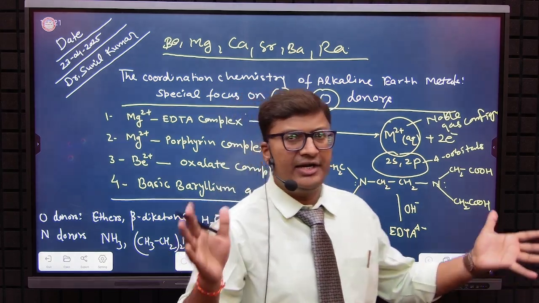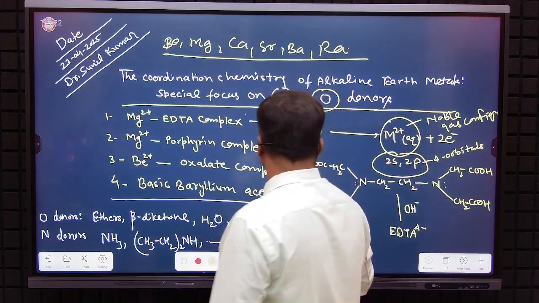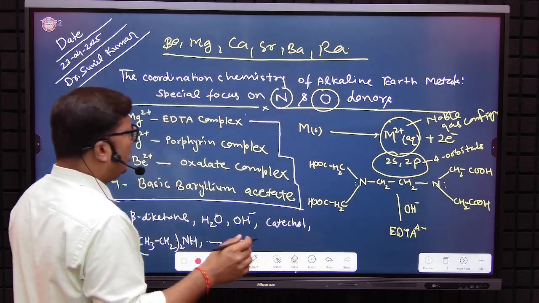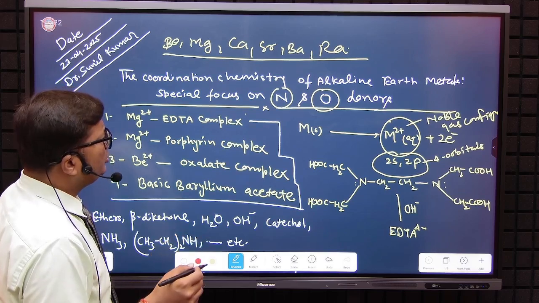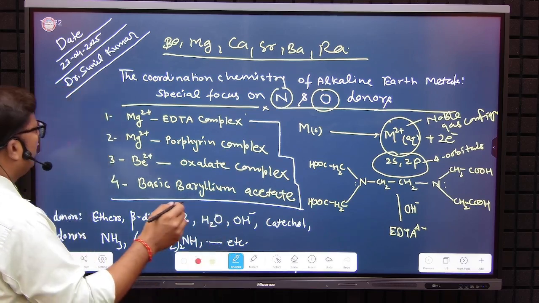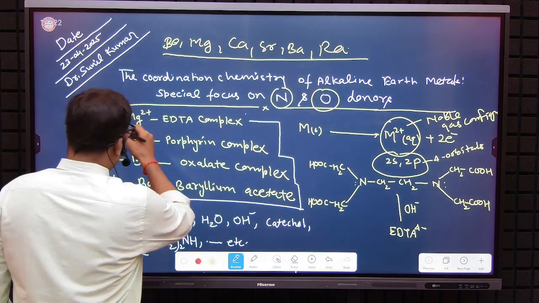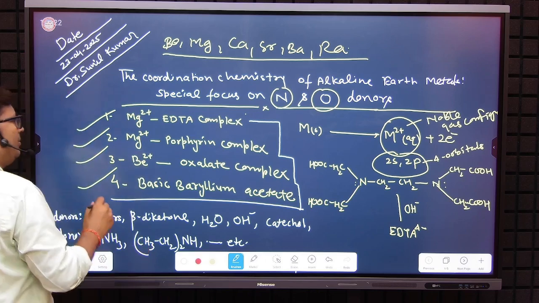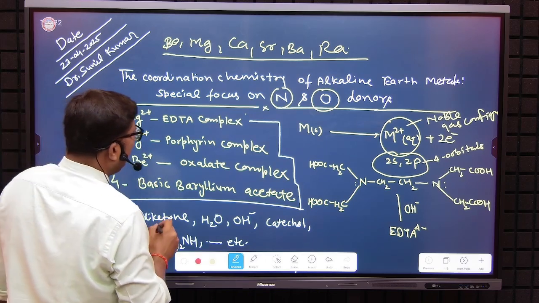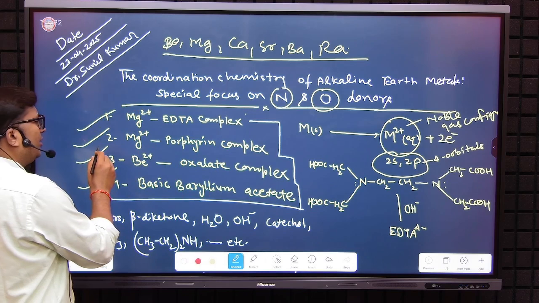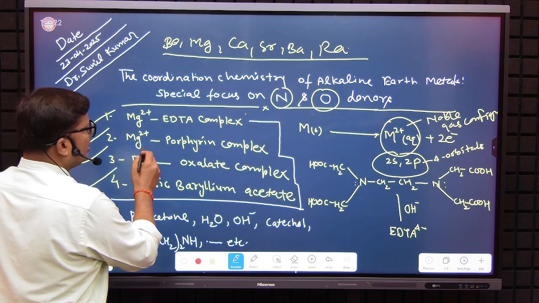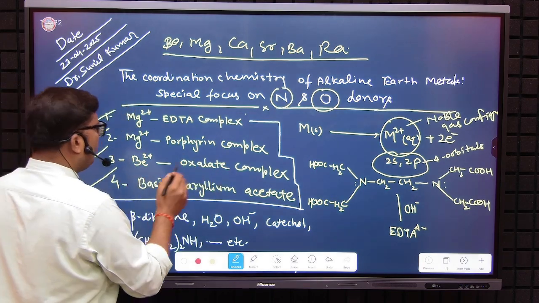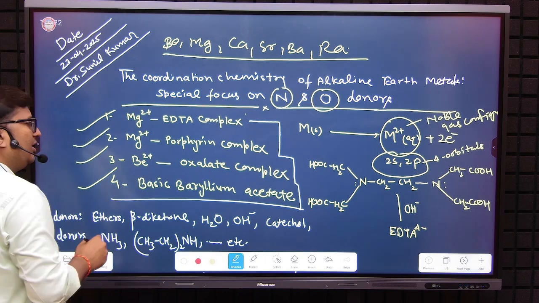And metal-ligand interactions. So in this particular lecture, we have brought these 4 points, right? These 4 points are basically the magnesium 2+ EDTA complex, the second one is the Mg2+ porphyrin complex, the beryllium 2+ oxalate complex, and the fourth one is the basic beryllium acetate.